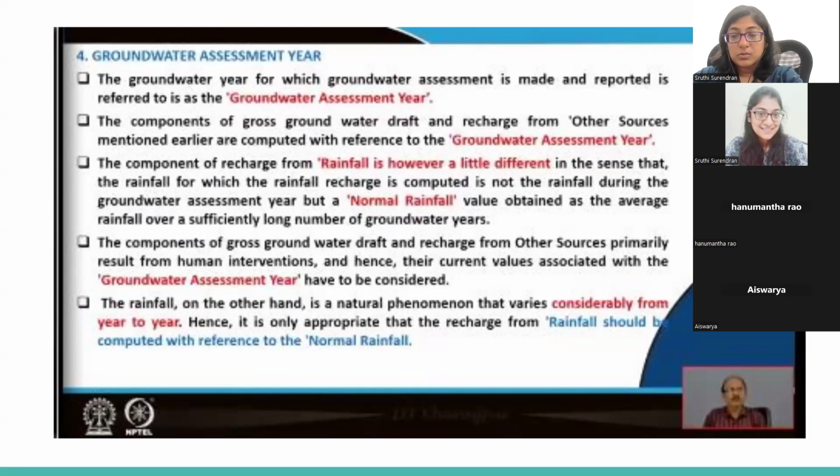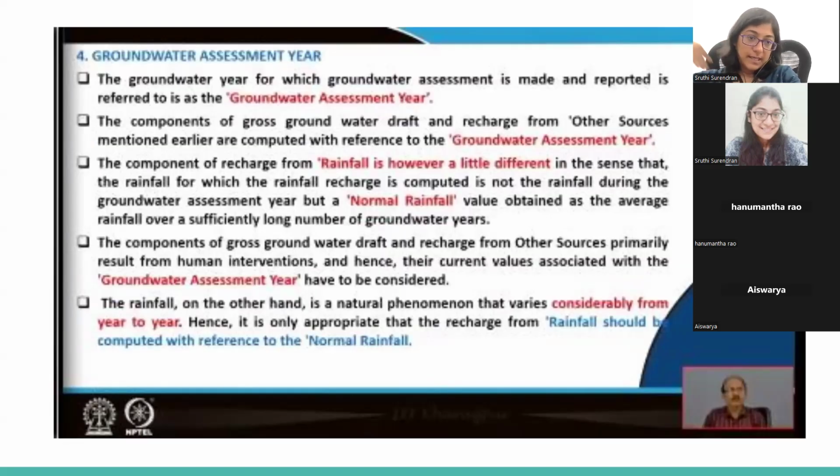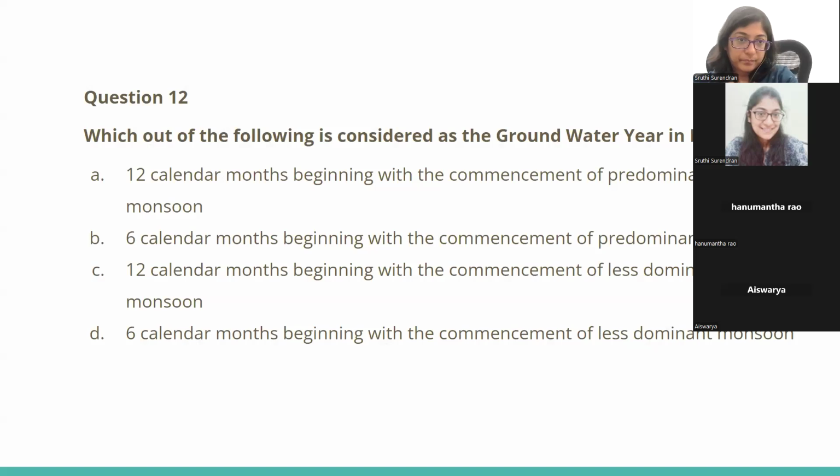Monsoon season extends from the start of the monsoon till one month after the monsoon ends, and non-monsoon is the rest. Pre-monsoon and post-monsoon intervals are when the water levels are measured. These are some of the important points in these four slides.